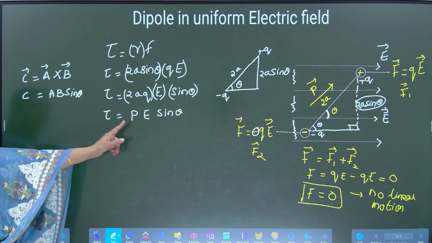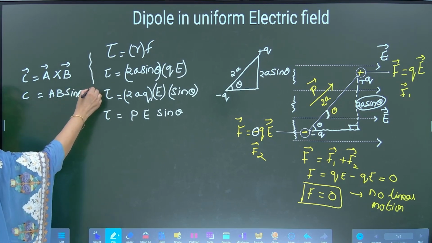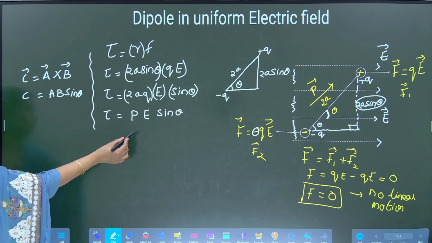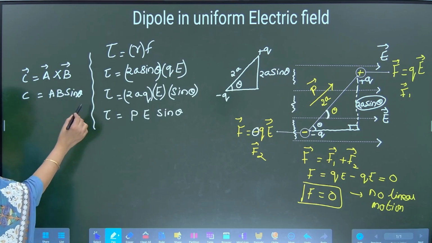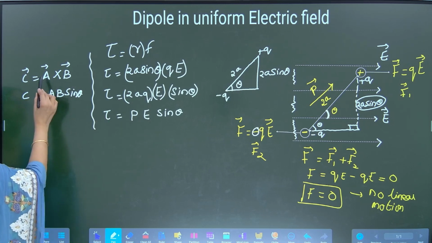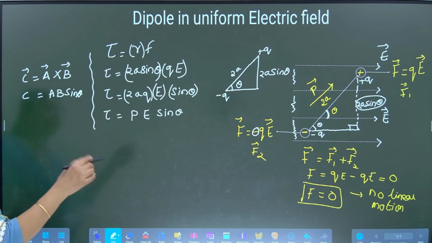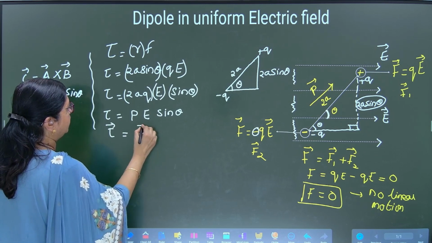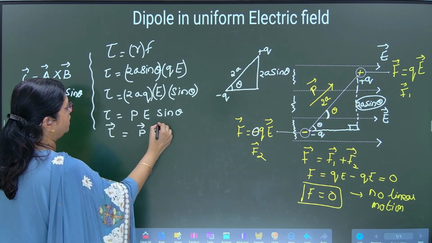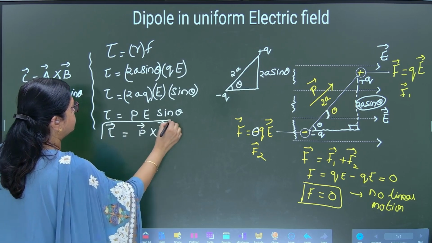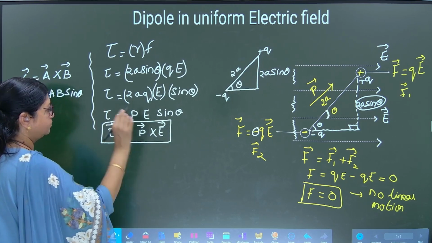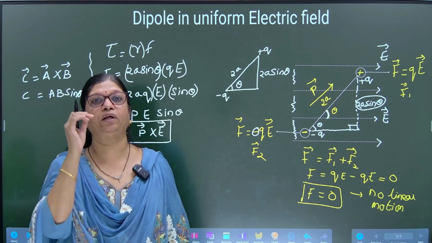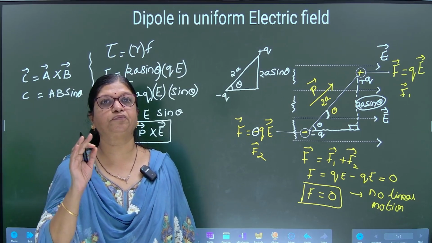So this is exactly the same as this, where A is P vector, B is E vector, and theta is the angle between P and E, just like theta is the angle between A and B. So I can write here the vector form as P arrow cross E arrow. This is the vector notation of the torque experienced by the dipole placed in a uniform electric field.